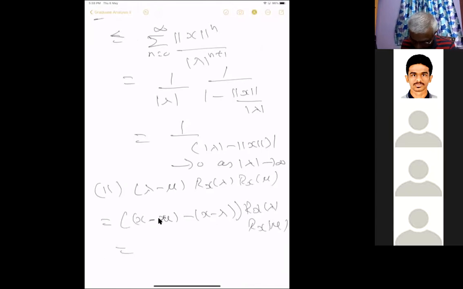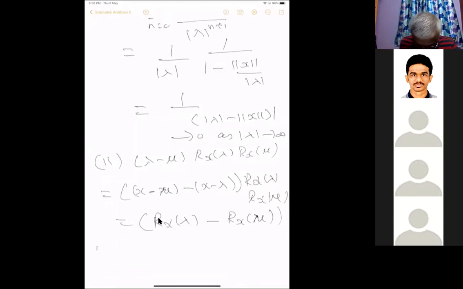Rx lambda and Rx mu commute. I mean, x minus lambda and x minus mu commute because they differ by a scalar only. So if you multiply this, Rx mu will get killed, and if you multiply the other, Rx lambda will get killed. So this is clear.